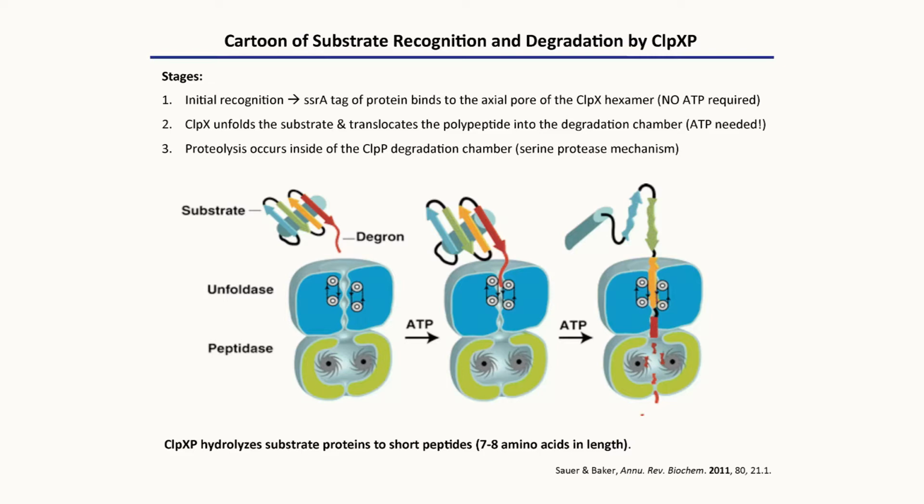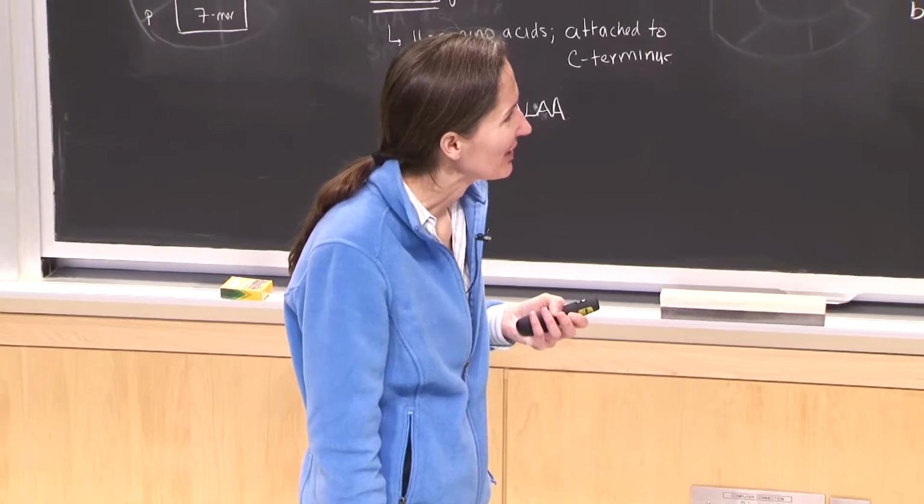So, you know, kind of this pulley system is shown here, this chopper type thing shown here. You can use your imagination in this unit for how to depict this machine. So we see that the polypeptide is being unfolded and threaded through ClipX into this chamber where it gets chopped up by the serine protease active sites here.